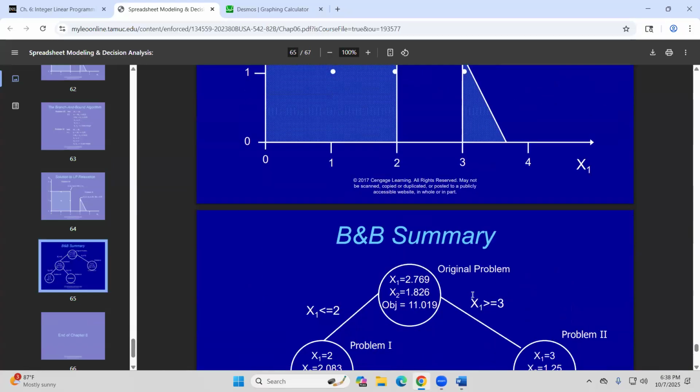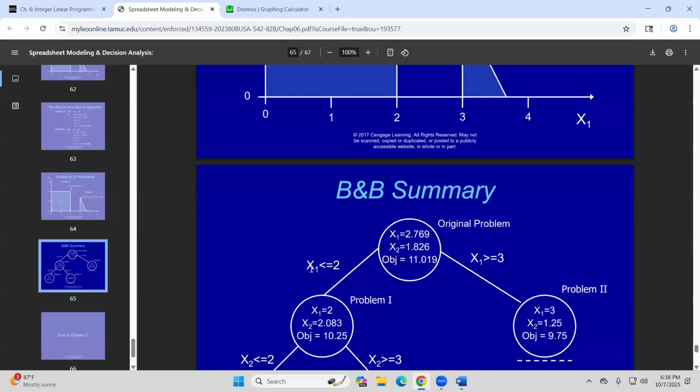So originally we got this, right? So I add these two constraints to the original problem, right? One time x less than or equal to 2, and one time greater or equal to 3, because this one is between 2 and 3, right?